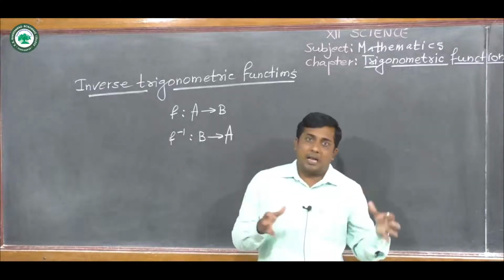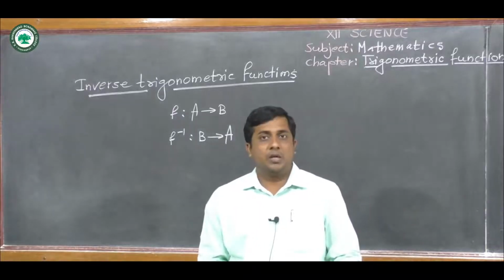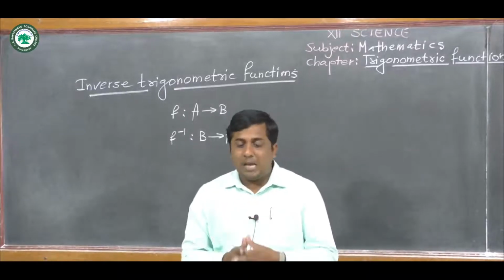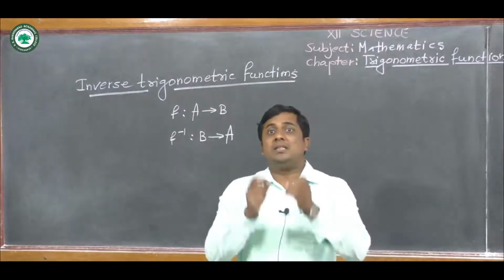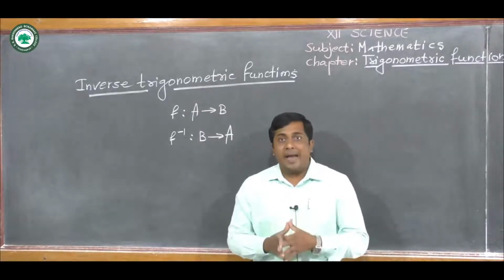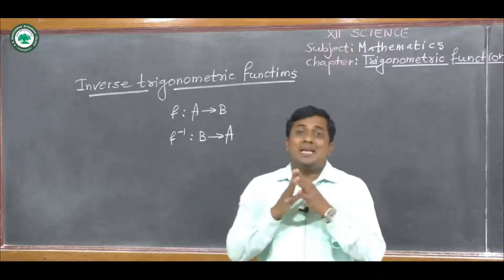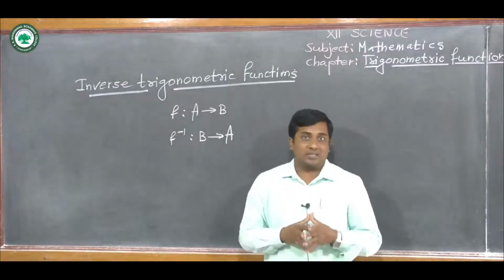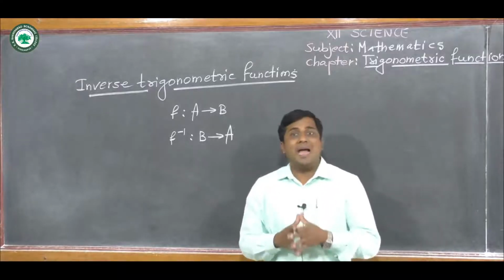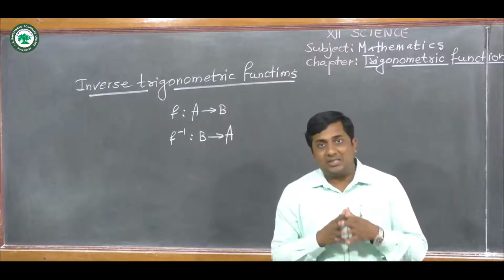So in some intervals trigonometric functions have the same values. Hence we restrict their domains to suitable intervals so that the function is one-one and onto, and the range is also onto. So we can have their inverses. Remember, if f is a one-one and onto function, then the inverse of the given function exists.